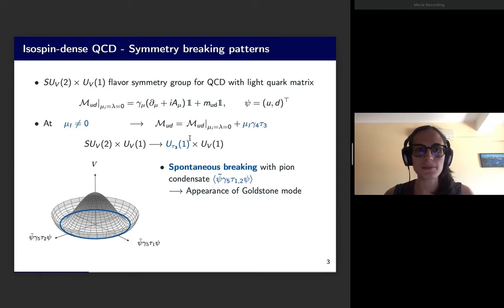As we already mentioned, symmetry breaking patterns are so important because they help us develop an intuition of how we should simulate the theory and what we should expect on the structure of the phase diagram. So let's talk symmetry breaking patterns. We need to start from the symmetry group of QCD, where we have some light degenerate pair of fermions, with light quark matrix M_ud given by this expression, where there is a non-zero mass for the two light species that are collected in a doublet.